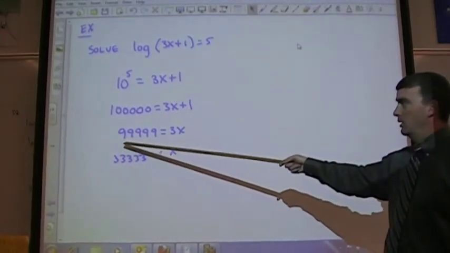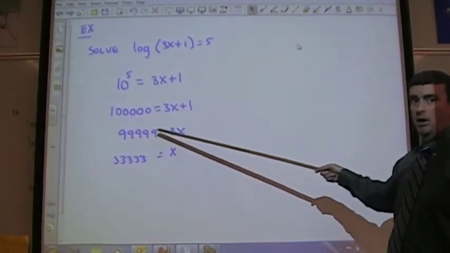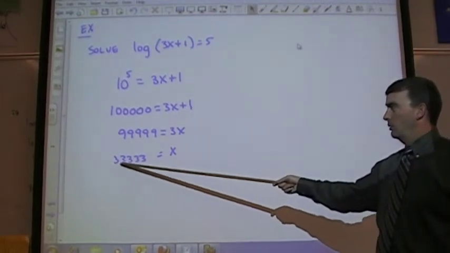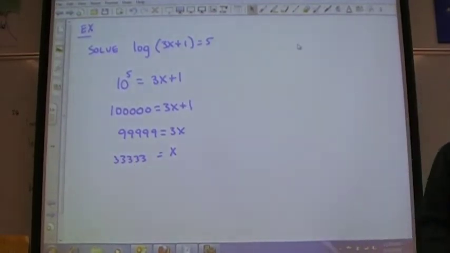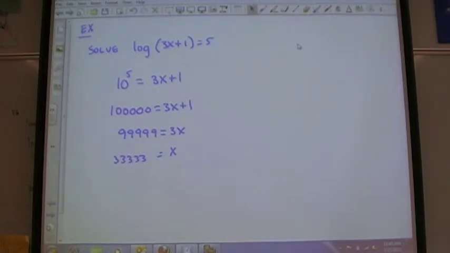Subtract 1. 99,999 divided by 3. 33,333. Easy enough. So in these, just make sure you understand that the base number that's not there is 10. And change it to exponential form just like we've been doing. And one more. Everybody got that one now? Okay.